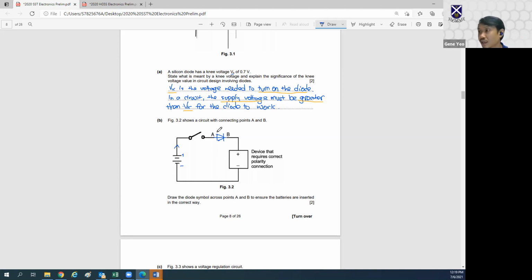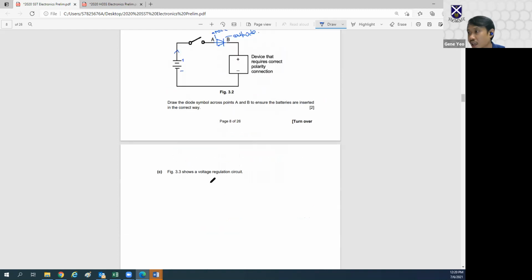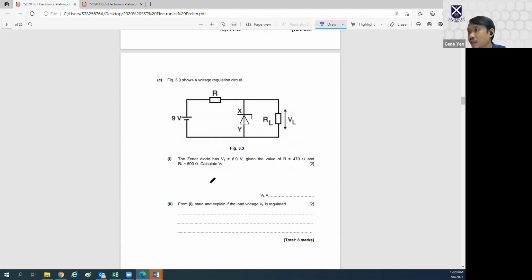You must know that this part is the anode and this part is the cathode. Arranged this way, it is forward bias and the current will only flow in a clockwise direction. Okay. This one should be quite simple. I'm not going to spend too much time on it. Let's go on to part C.